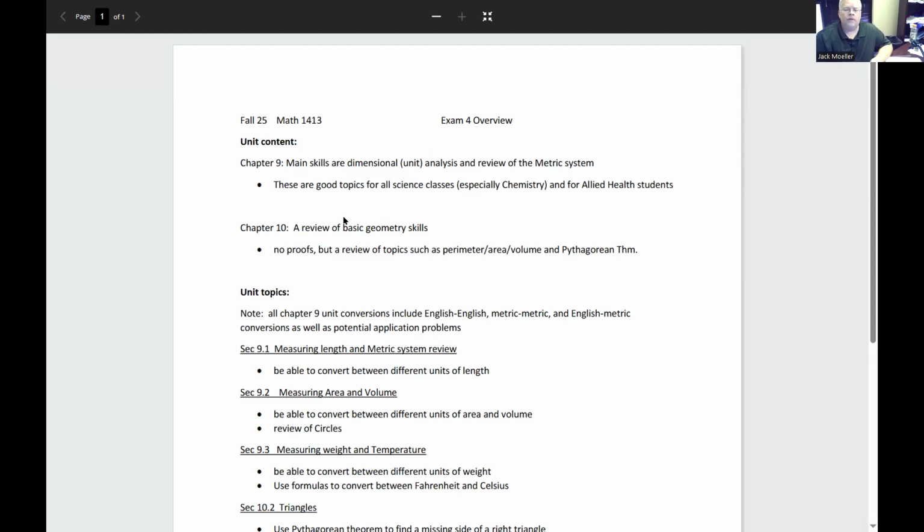And then for Chapter 10, since Chapter 9 is only half of the testing unit, we need something to fill out the rest of the unit. So we're going to end the semester with just some basic geometry review. We're not doing any proofs. We're just doing area, perimeter, volume, basic stuff. For those of you that weren't as big a fan of the logic stuff from Chapter 2 and Chapter 3, that is over and done with.